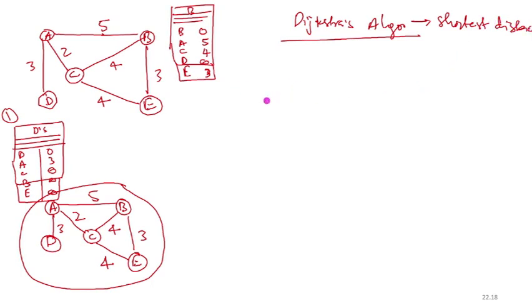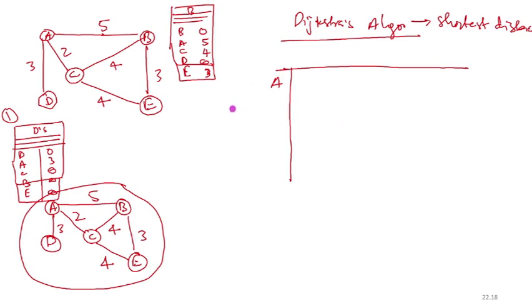So let's see how it finds this. Suppose we want to find out for A. You can take any node.